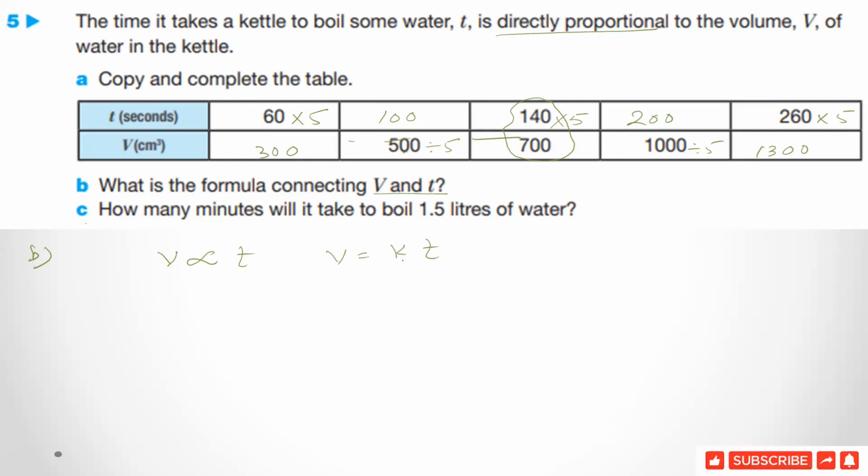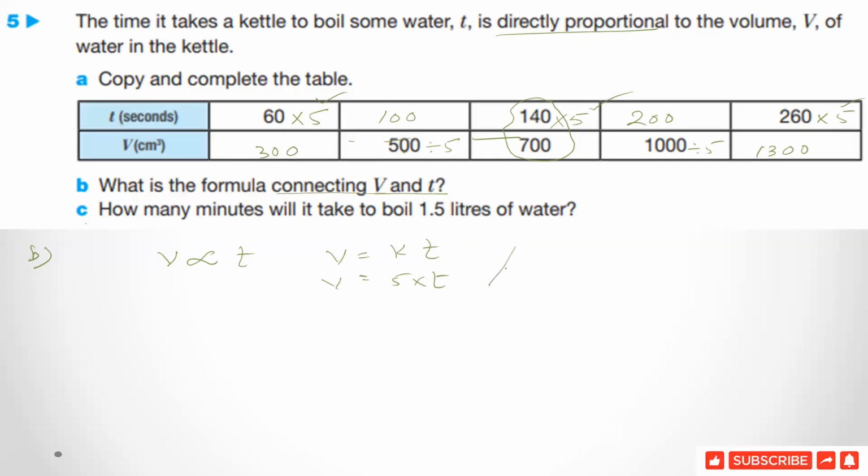So K is a constant by which I multiply T to get V. Which number am I multiplying all the T's by to get volume? From the table you can check, this is the number 5. It means I can write V is equal to 5 times T. This is my connecting formula for V and T.